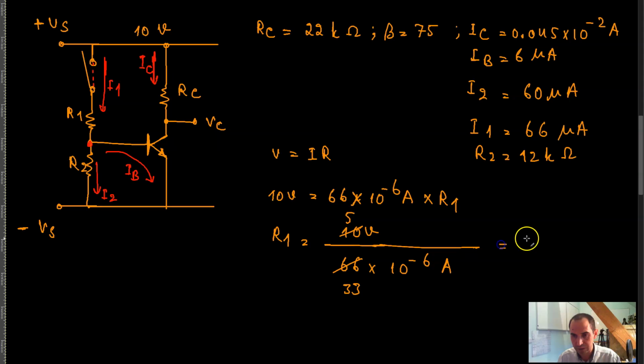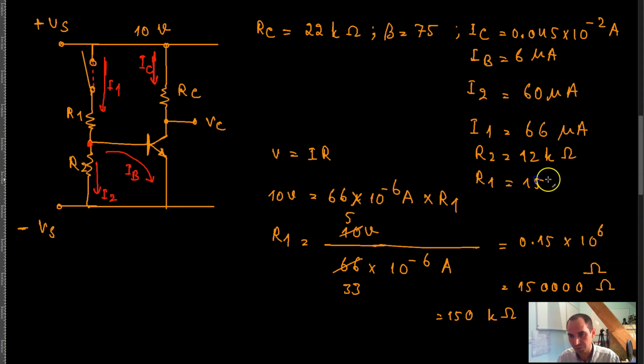So I take this as 0.15 into 10 raised to the power 6, and that is in ohms, which is the same thing as 15 and 4 zeros in ohms, which is 150 kilo ohm. That means that R1 is supposed to be 150 kilo ohm.